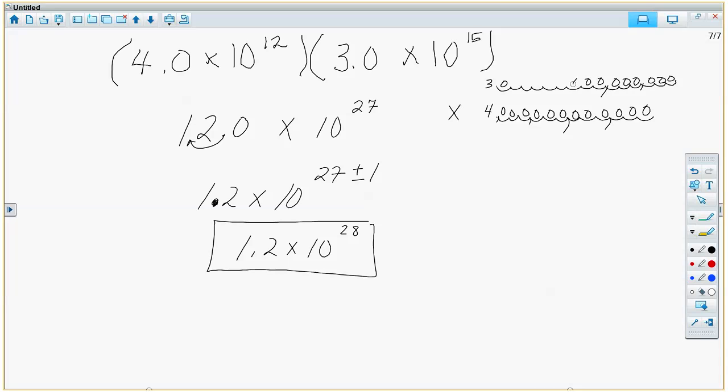Million, billion, trillion, zillion. Basically, y'all multiply 3 zillion times 4 trillion in your head, and you get 1.2 times 10 to the 28th. We're not even going to ask what 28 is, but that's 1, 2, 3, 4, 5, 6, 7, 8, 9, 10, 11, 12, 13, 14, 15, 16, 17, 18, 19, 20, 21, 22, 23, 24, 25, 26, 27, 28.